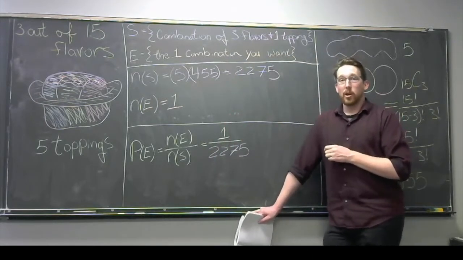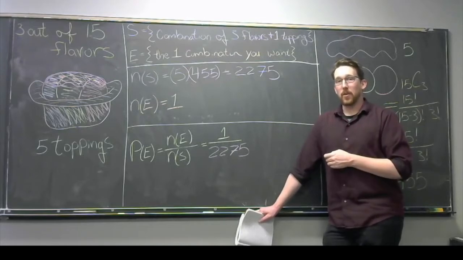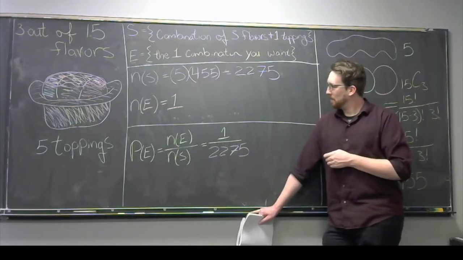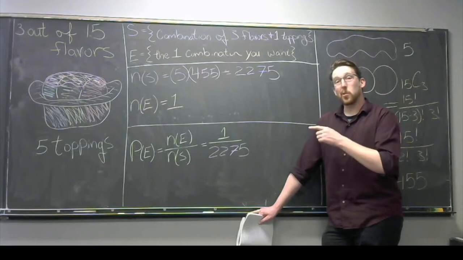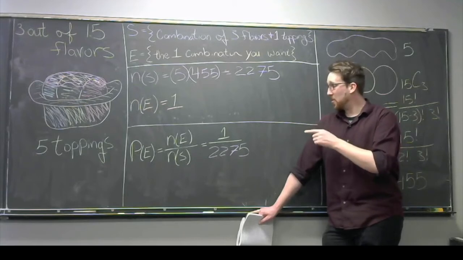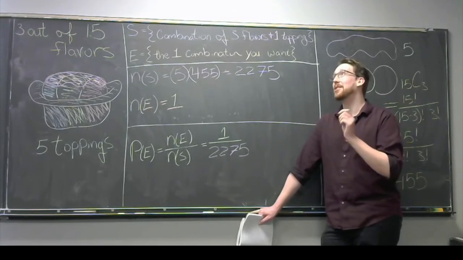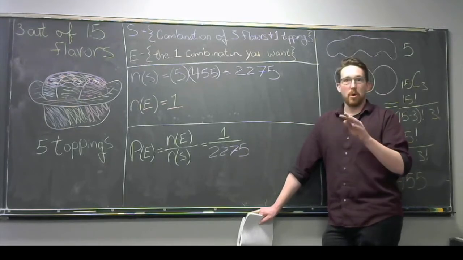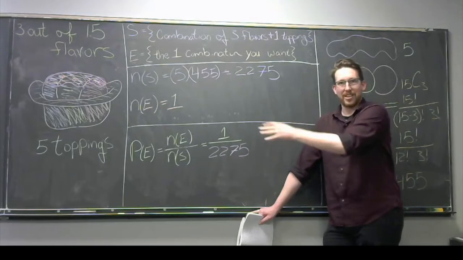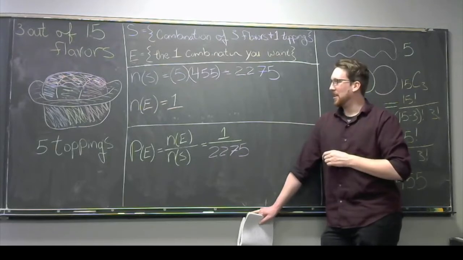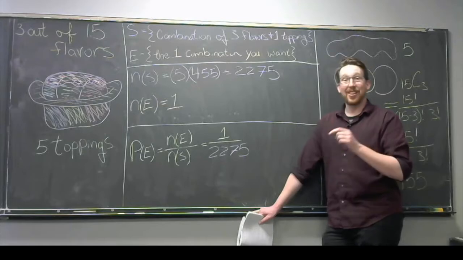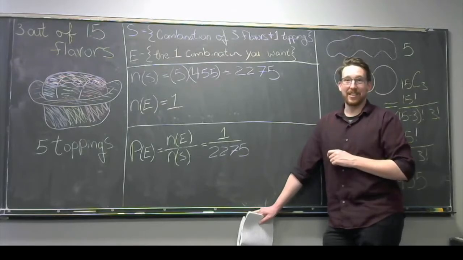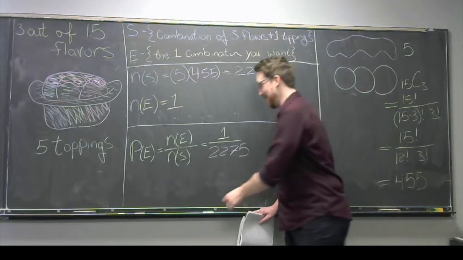In other words, you should probably pick up the phone and call your friend before you mess up their order. Because there is 1 in 2,275 for a probability of getting the order right. That is crazy. That is less than 1%. Less than 1% chance of getting it right.